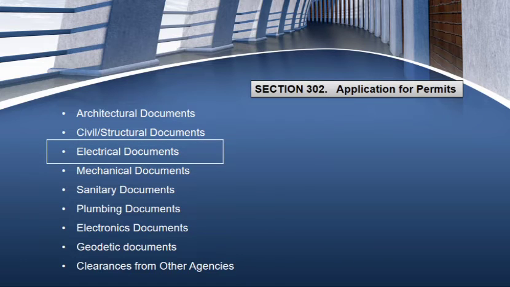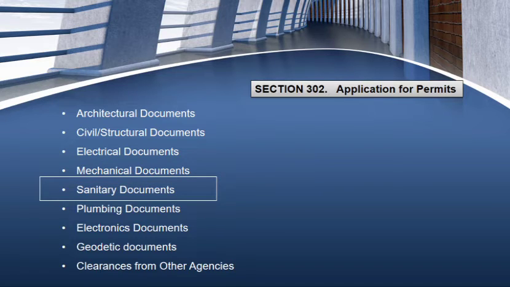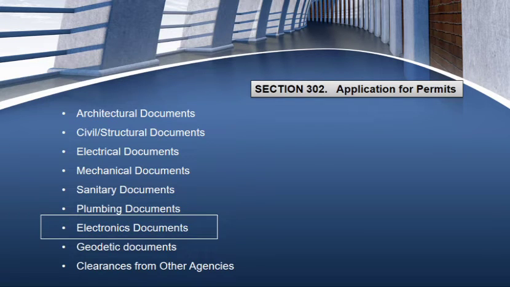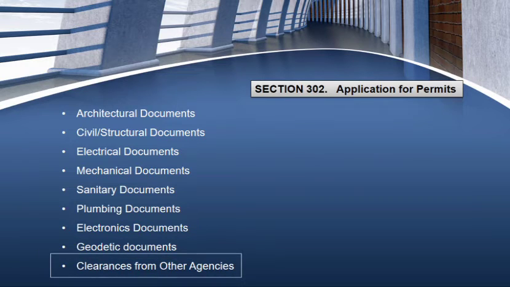For electrical documents, it includes electrical plans. As well for the others, the mechanical documents include mechanical plans, sanitary documents, and so forth. And for the remaining, plumbing documents, electronic documents, geodetic documents, and clearances from other agencies.